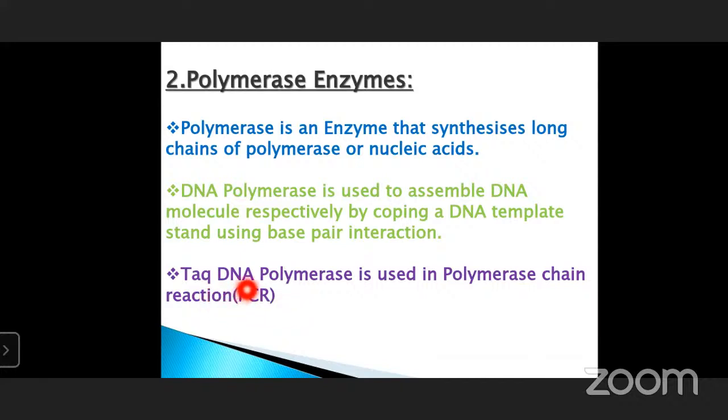Taq DNA polymerase enzyme is isolated from the bacterium Thermus aquaticus, and is used in rDNA technology for amplifying the DNA molecule.